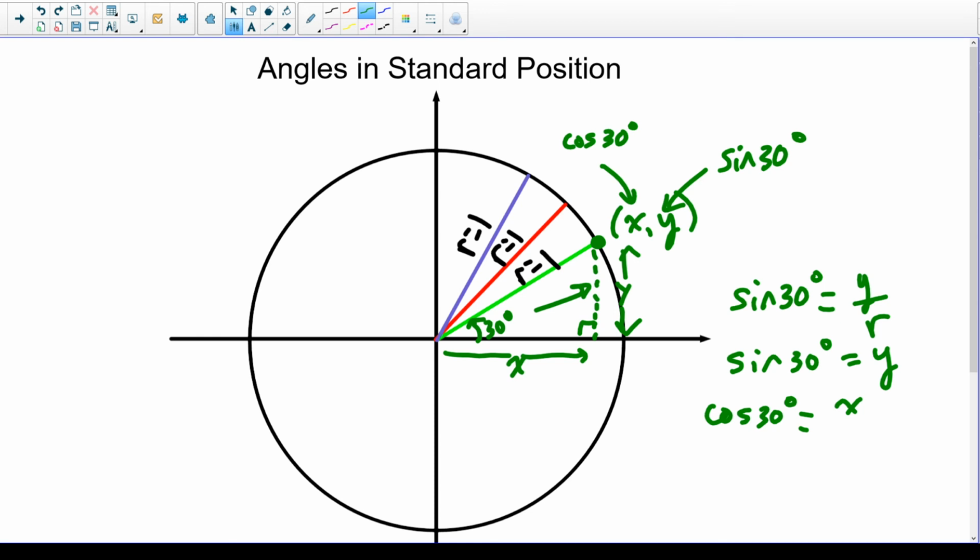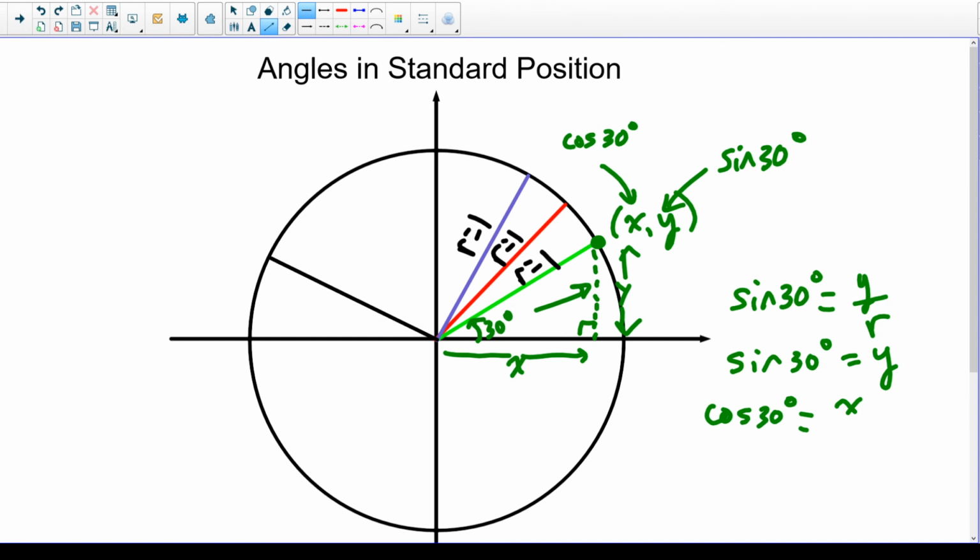In orienteering, the measurement of the angle is from the north going clockwise. But that's not the case here. For angles in standard position, the angles are always measured from the x-axis going counterclockwise around the circle. Now, here's where the magic starts to happen.